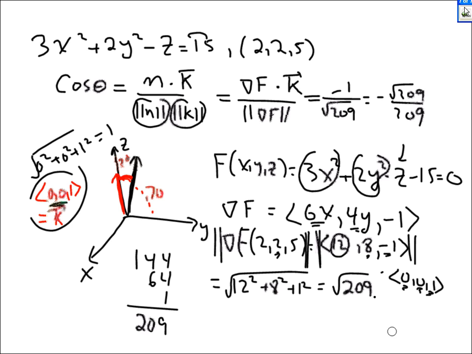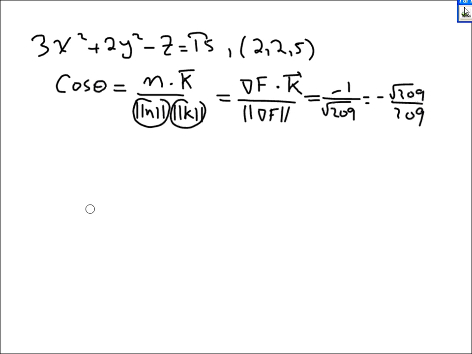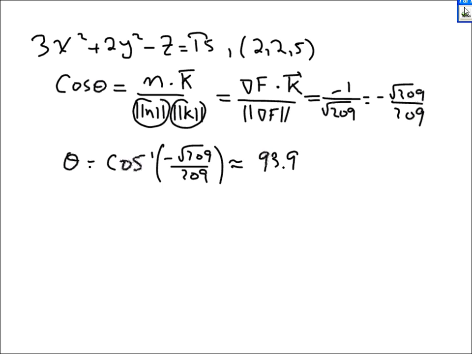Okay, so let me get rid of a lot. That's the cosine of theta. So therefore, theta would be the cosine inverse of negative the square root of 209 over 209. This happens to be about 93.9664.